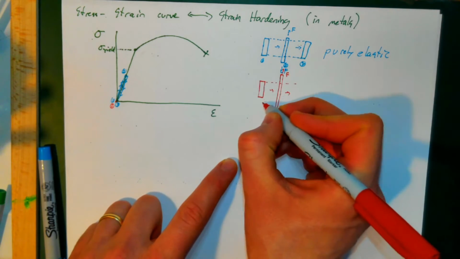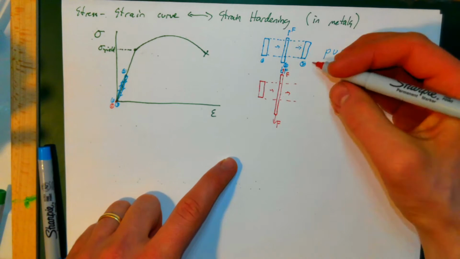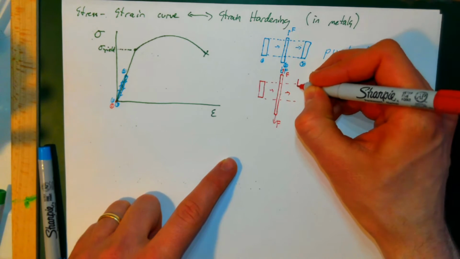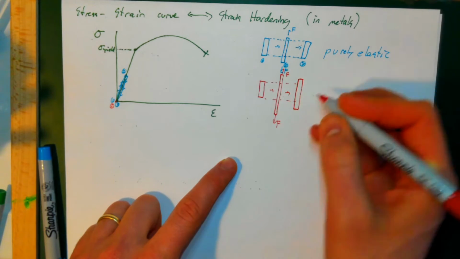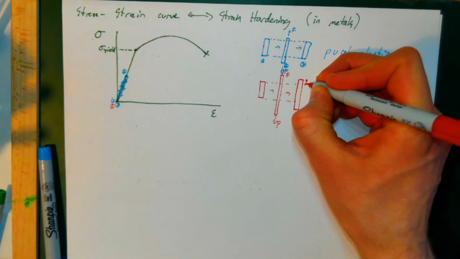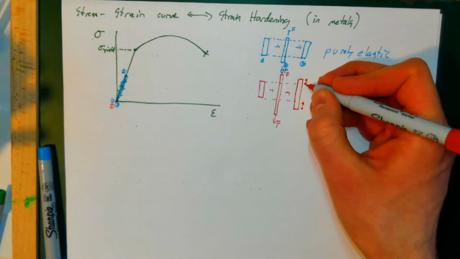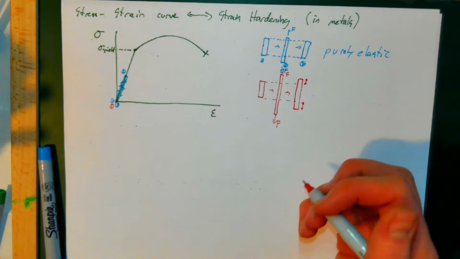It contracts a little bit, but it doesn't go all the way back to where it was before. So we have some permanent deformation left over. So basically there's some elastic recovery, but also some permanent deformation.